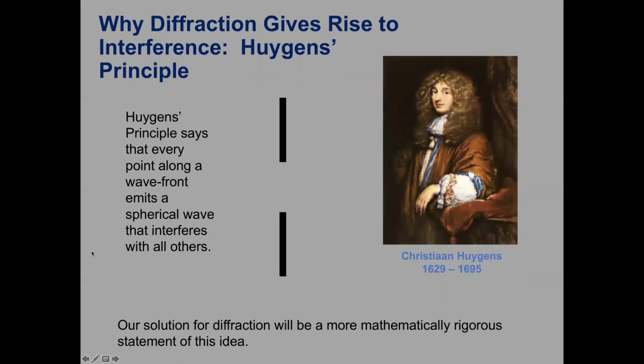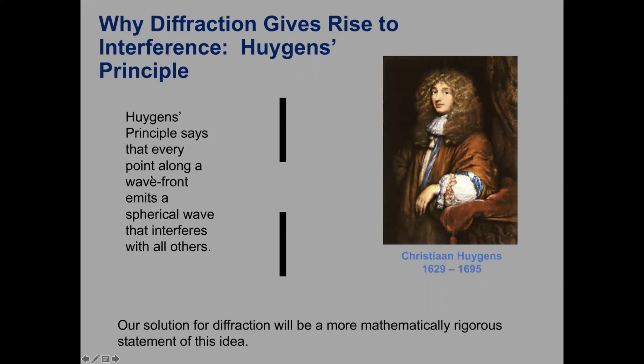So here's why, even if you have a single slit, diffraction will give rise to an interference pattern. It's called Huygens principle, named for the guy who originally discovered it, Christian Huygens, who was a physicist and also a poofy sleeve model.